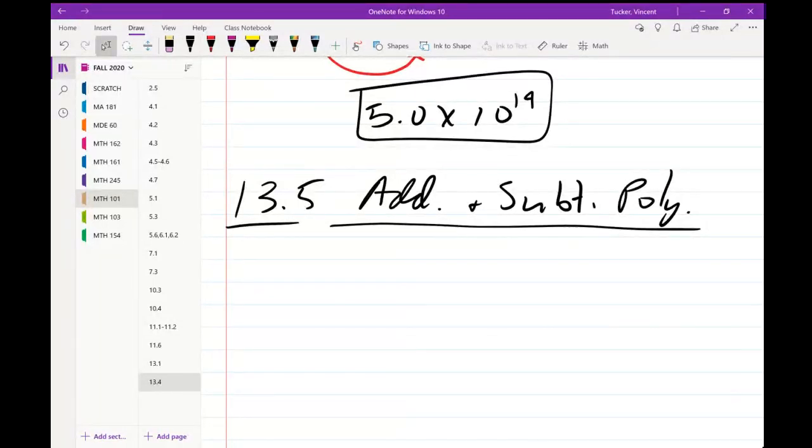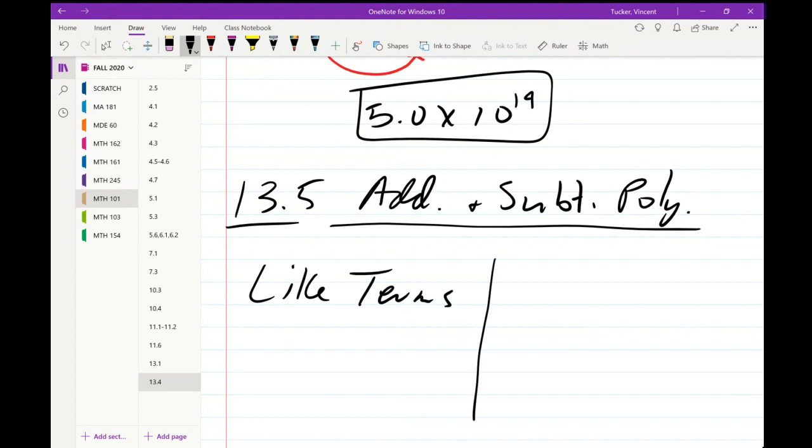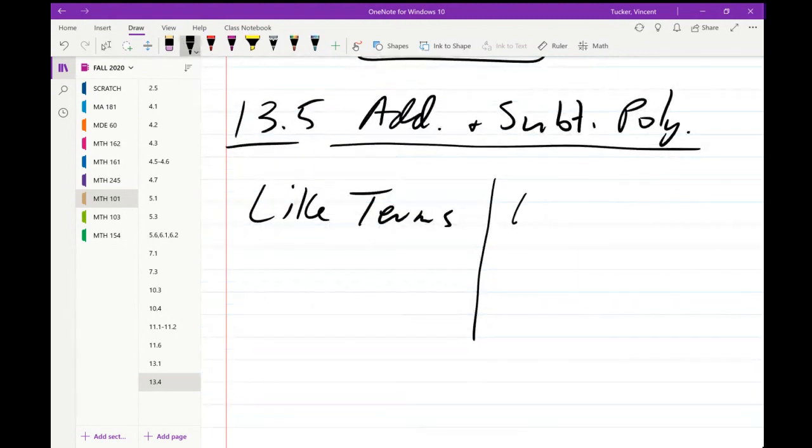All right, so the next section is adding and subtracting polynomials. We will do this by what we call like terms. And the only way you can add or subtract your terms is if they are like or considered like.